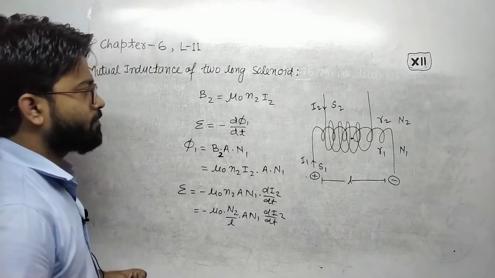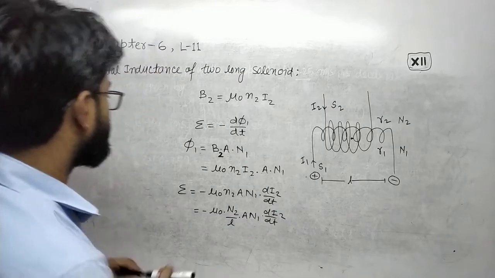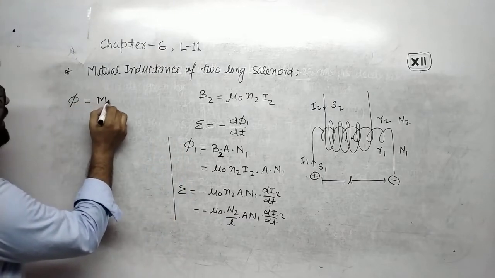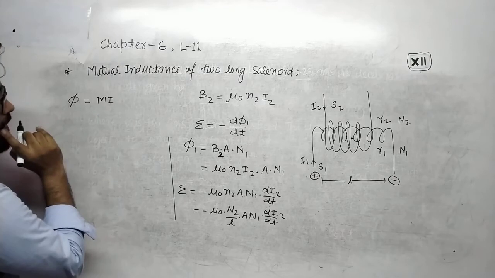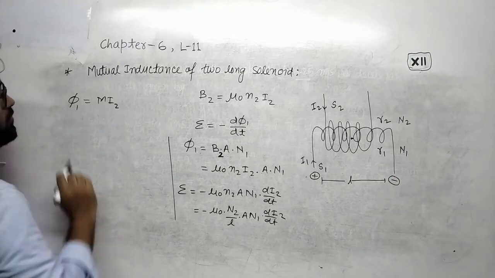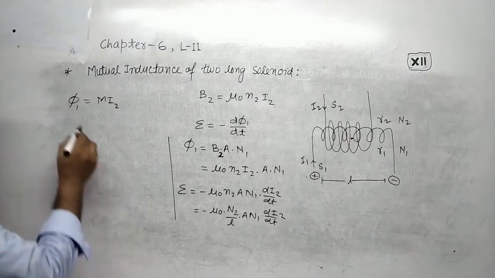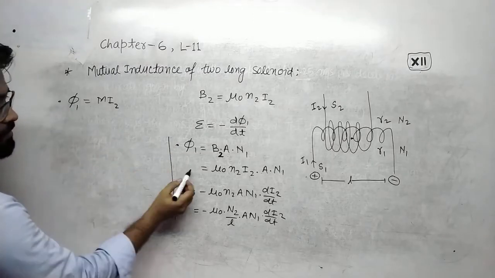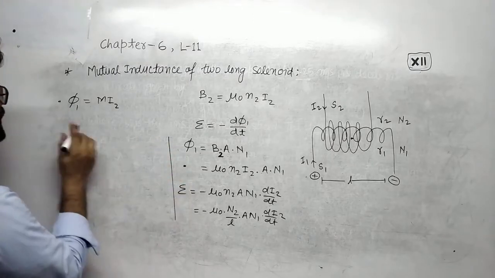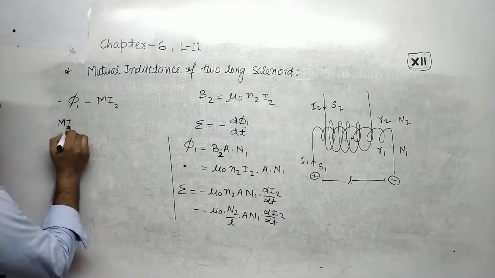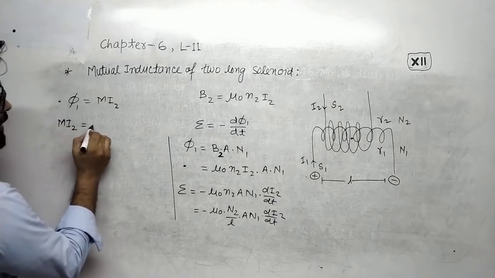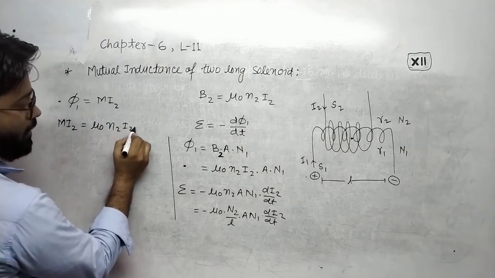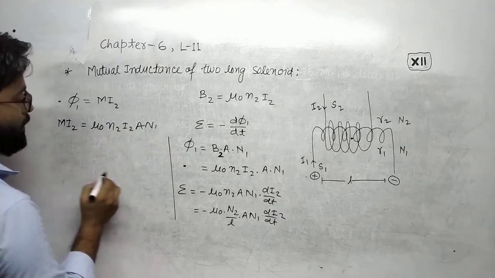In other words, you know that phi 1 is equal to M i2. You can compare these equations. M i2 equals mu naught N2 I2 A into N1.